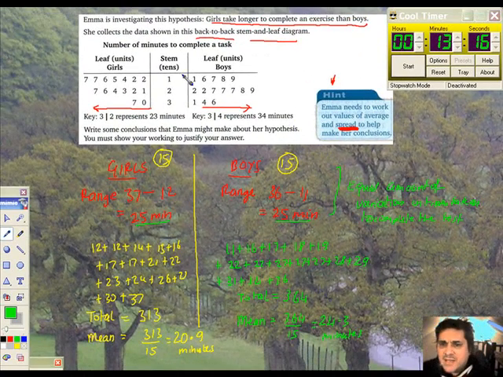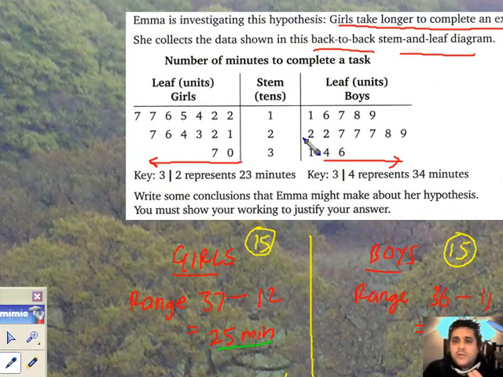Now, just as an aside, if you look at the way these numbers are distributed in the stem and leaf diagram, the majority of the girls are taking under 20 minutes to complete it. So most of the girls' test finishing times are in the 10s. Most of the boys' finishing times are in the 20s.